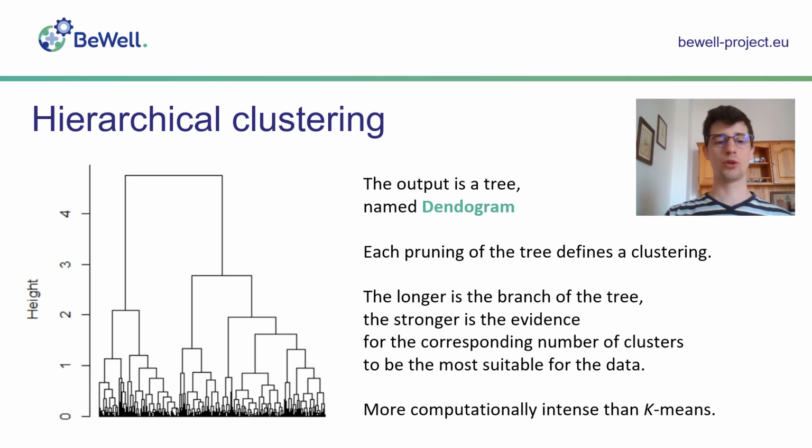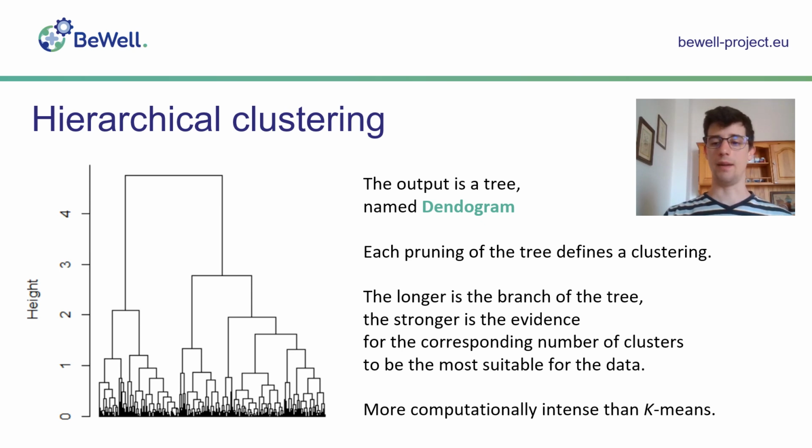This object is crucial also to identify the best number of clusters to represent the whole population. Indeed, the longer the branch of the tree, the stronger the evidence that the corresponding number of clusters is the most suitable one for our data.